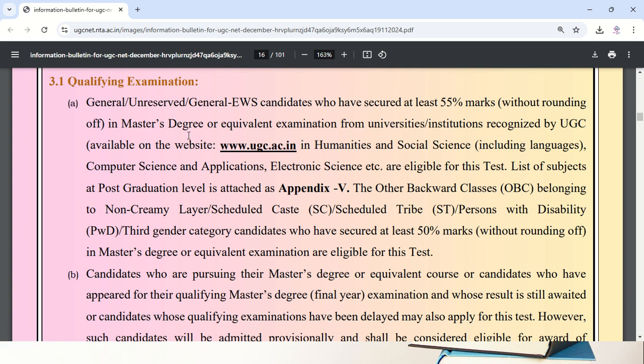That particular mark is in your master degree or equivalent examination in the university. It means that for a BE student, someone who has completed BE, that person also needs one master or equivalent master degree.